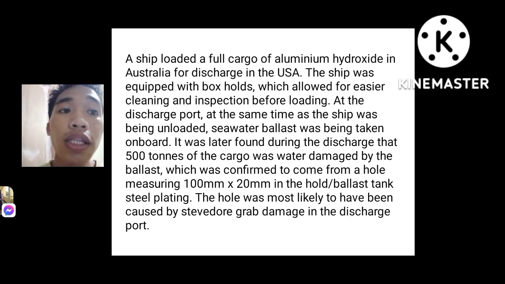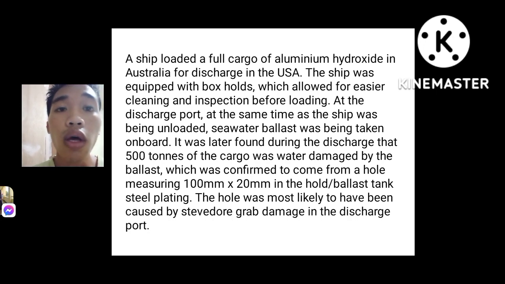It was later found during the discharge that 500 tons of cargo was water damaged by the ballast water, which was confirmed to come from a hole measuring 100 mm by 20 mm in the hold ballast tank's steel plating.